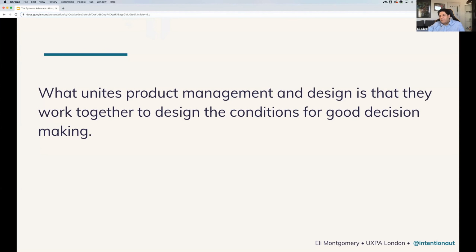Just make sure that there's a good feedback loop and a good cadence of input and output in that system to make sure that you've got the right balance. Because product management and design are ultimately working on the conditions for good decision making, and one of the prerequisites for that is really clear understanding of user problems.